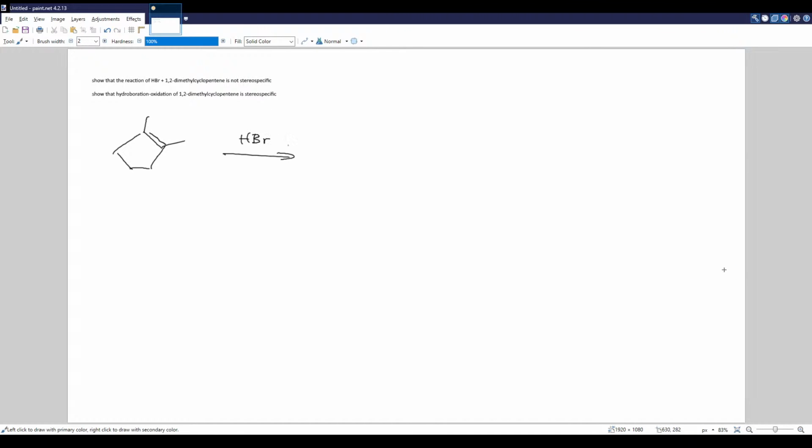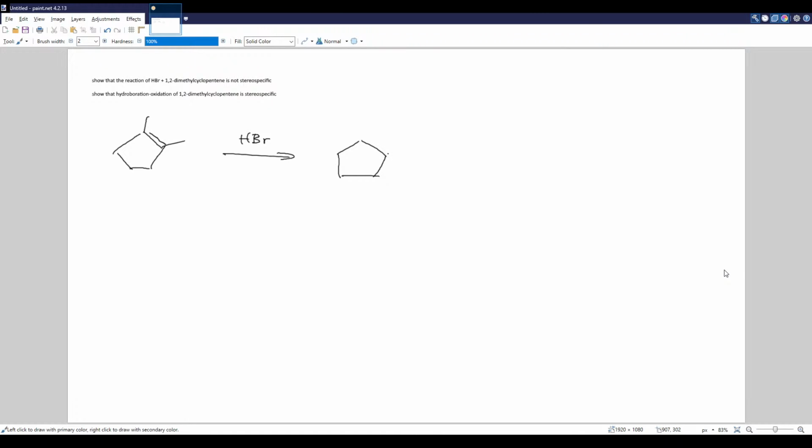But let's, for fun, let's figure out what the product of this would be. It would be an anti-addition, wouldn't it? This would be a Markovnikov anti-addition.